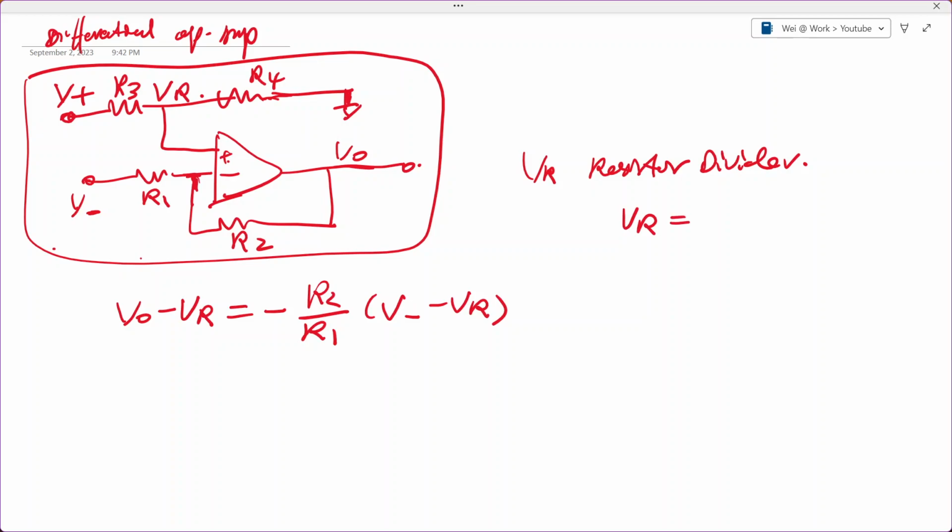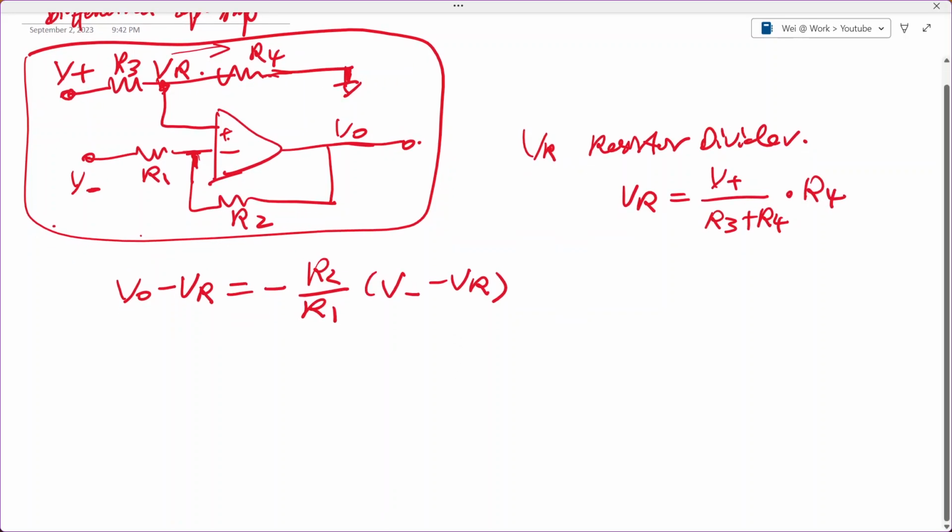VR equals V plus divided by R3 plus R4, that's the current flowing through this path, and then times R4. Basically, we can just put VR into here.